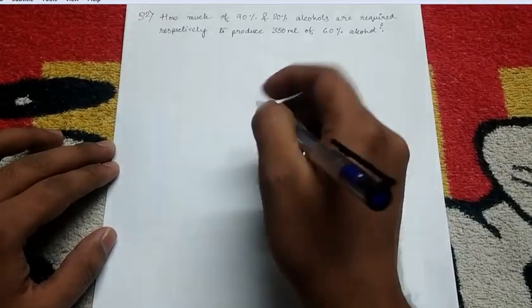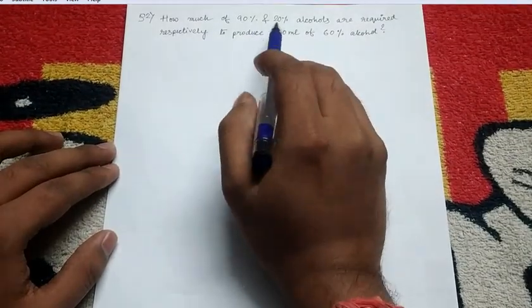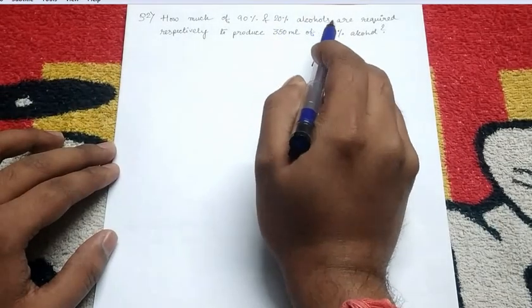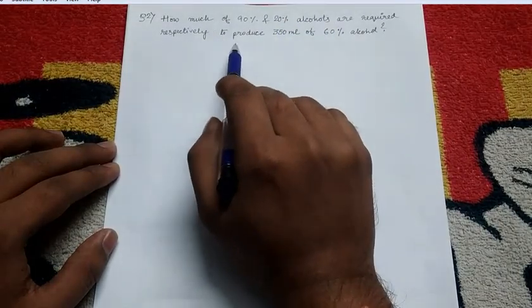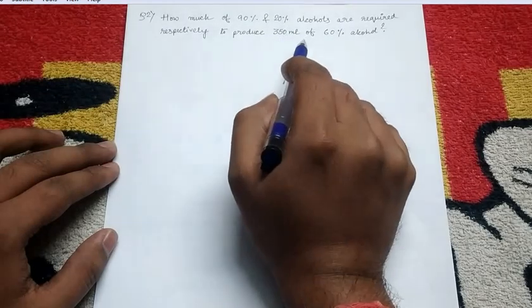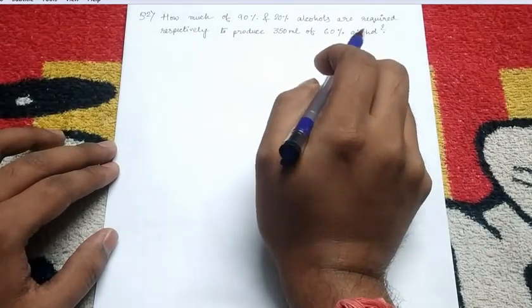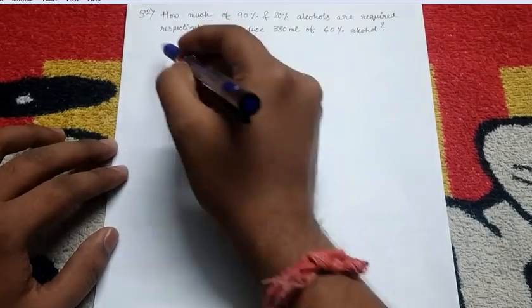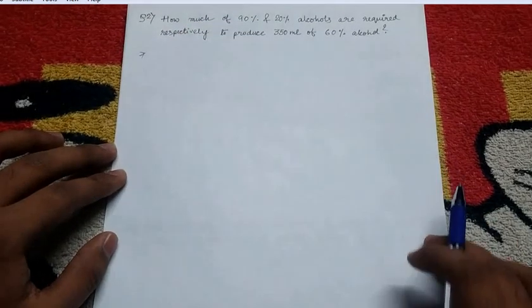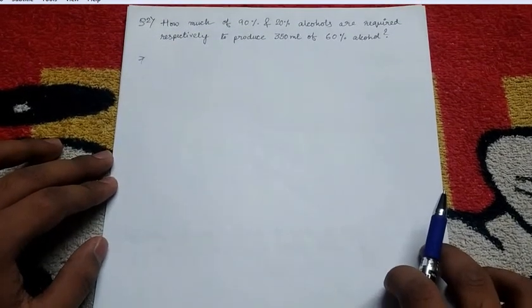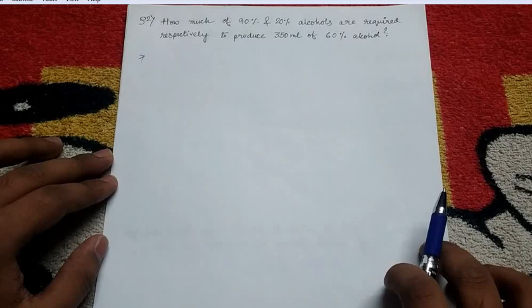So the question is, how much of 90% and 20% alcohols are required respectively to produce 350 ml of 60% alcohol? Now first of all, try it yourself. I will wait for a few seconds. Pause the video and try it.